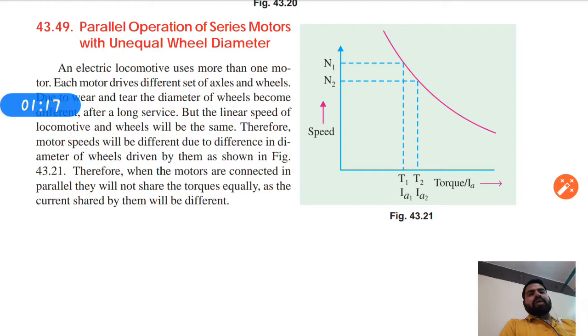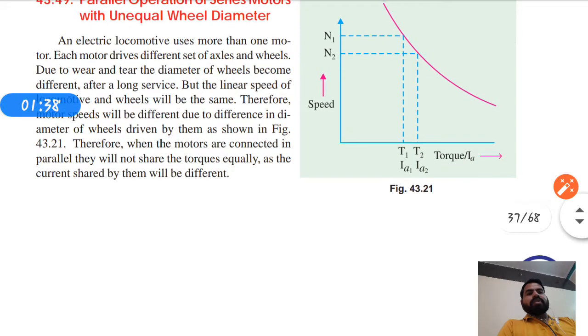As we know, an electric locomotive uses more than one motor, and each motor drives a different set of axles and wheels. Due to wear and tear, after a long service the diameter of the wheels becomes different, but the linear speed of the locomotive and wheels will be the same.